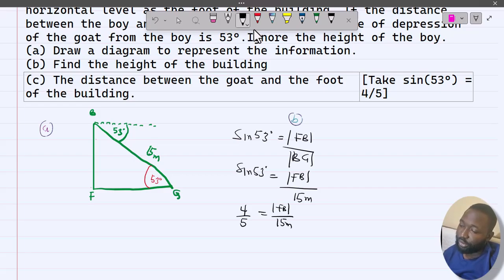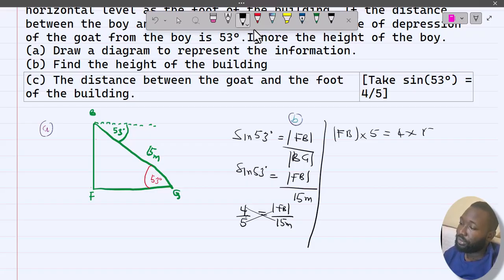Cross multiply, we are going to have FB times 5 equals 4 times 15 meters, divided by 5.